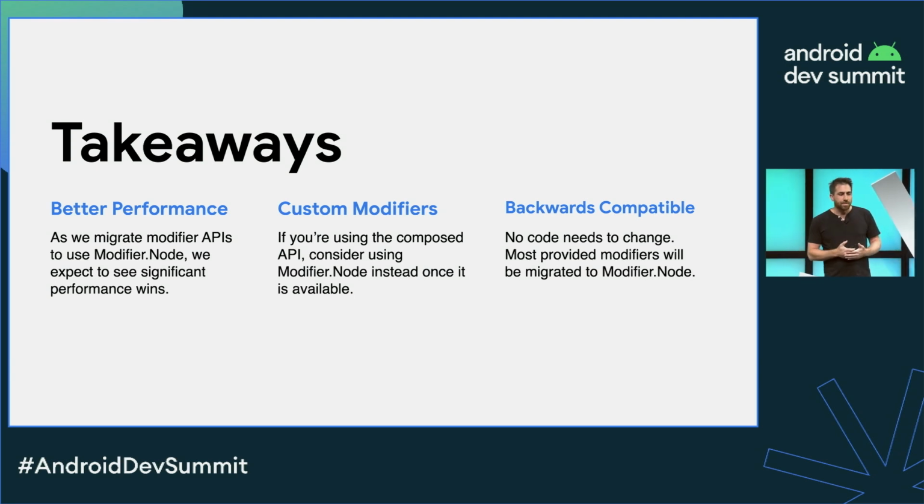And so this can sometimes be really frustrating to developers like you because it feels like we're actively preventing you from using these useful APIs. But this was absolutely critical in enabling us to essentially rewrite the whole modifier system. And that's maybe the single largest API surface in Compose. And so to do it in a completely backwards compatible way is a really great thing. And I'm really glad that we were able to do that.